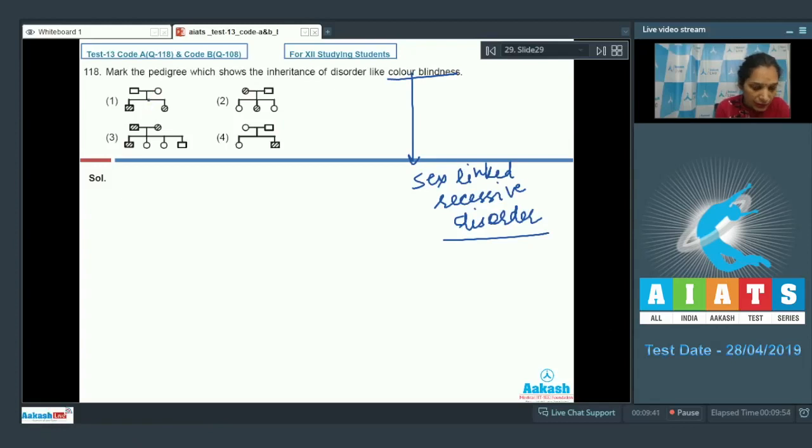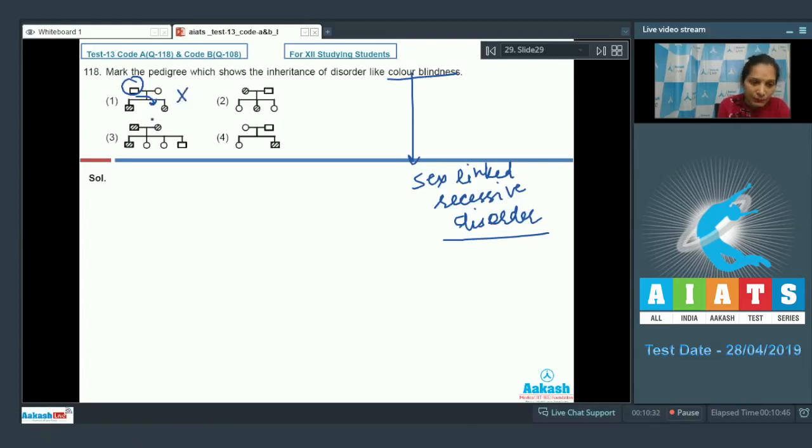In this particular pedigree, parents are not affected, but all progeny is affected. Means if both the parents are unaffected, all progeny cannot be affected. Why? Because it is a recessive disorder, and if it is sex-linked recessive, father should be affected to make the daughter affected. But here, both parents are normal.